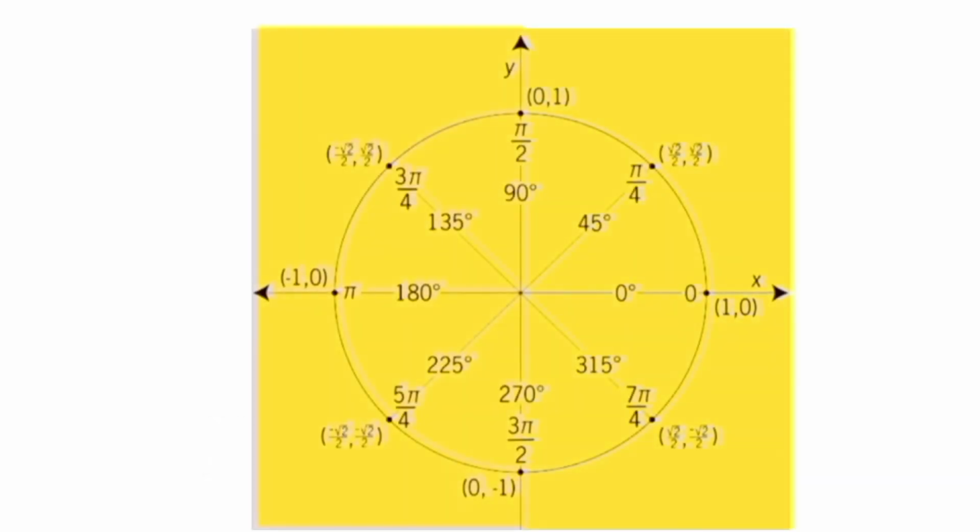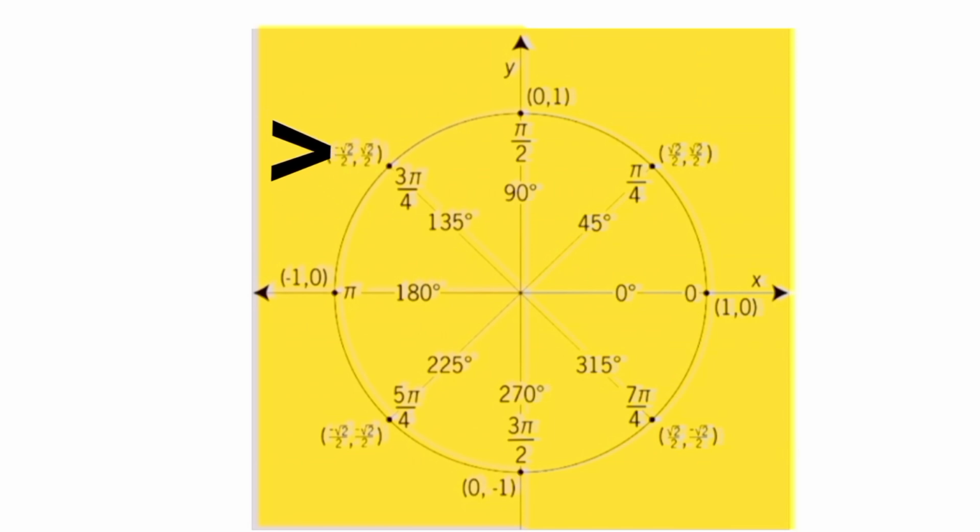This figure shows the coordinates and the angles in both radians and degrees. For 45 degrees or 1/4 pi radian, the coordinates are both square root of 2 over 2 in the first quadrant. For the second quadrant are the 135 degrees or 3/4 pi, in which the x coordinate is negative but y coordinate is positive.